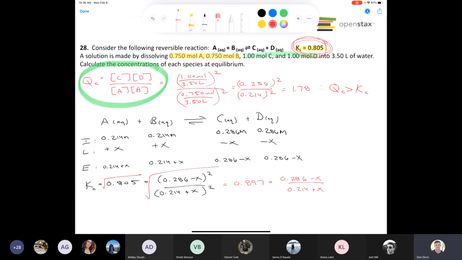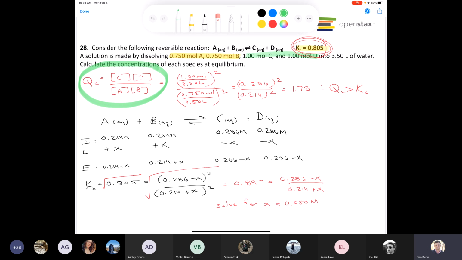And then you rearrange that to solve for x. I'll do this one a little bit quicker. And when you do that, you get that x is equal to 0.050 molar.